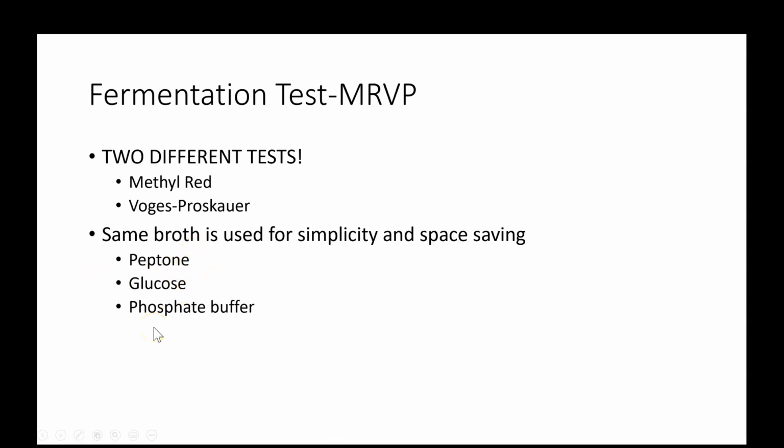And then it has a phosphate buffer simply to buffer against any small changes in acidity or alkalinity. Remember, the job of a buffer is to resist large changes in pH. So we add a little phosphate buffer in there so that the pH doesn't change too dramatically.